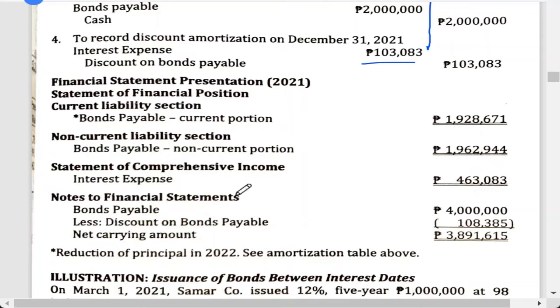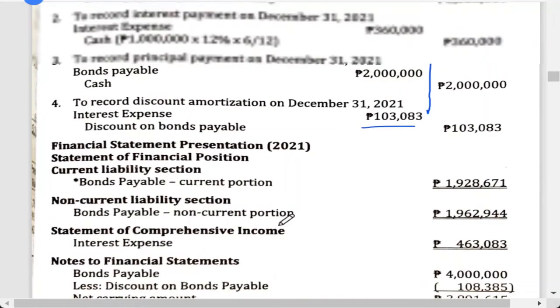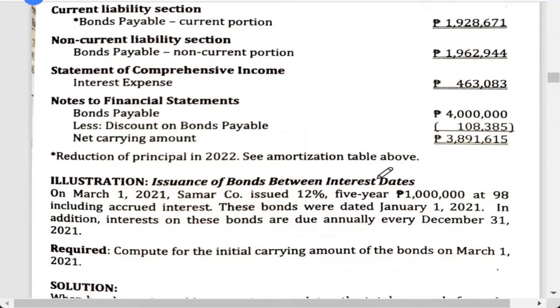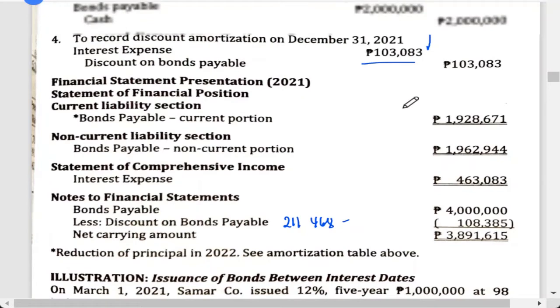In your notes, you have to present your bonds at 4 million minus the discount on bonds payable, which is 108,385. What was the original? 211,468 minus the amount already amortized, 103,083.